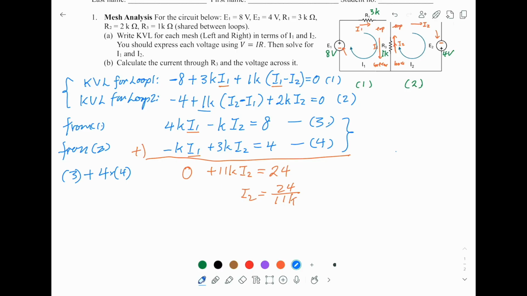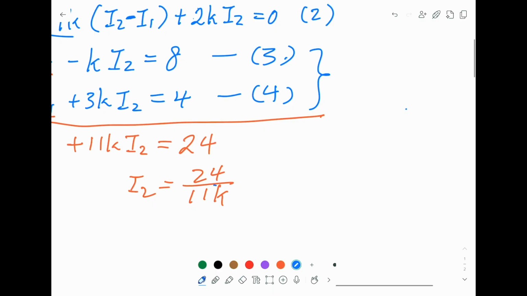And again, that's why we put the k here. It is very handy because 1 over k will become milli. So you will get 2.18 milliampere.